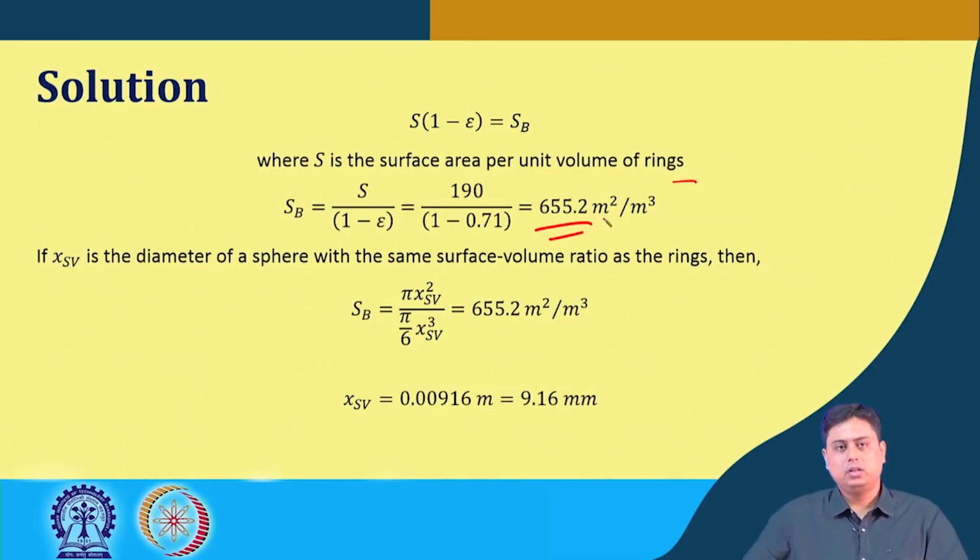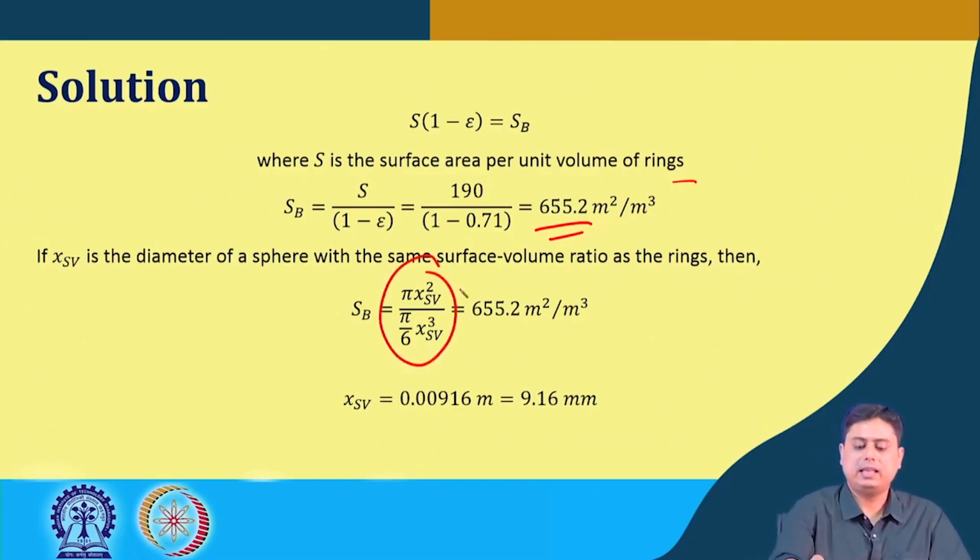Okay. So, now if XSV is the diameter of the sphere, then the same surface volume ratio as the ring that we are looking for the sphere, we can calculate from this expression, that the surface area of a sphere having the diameter XSV, and this is the volume of that spherical object.